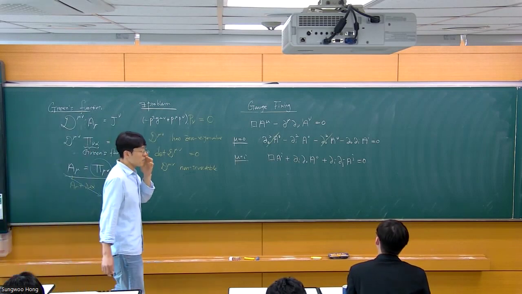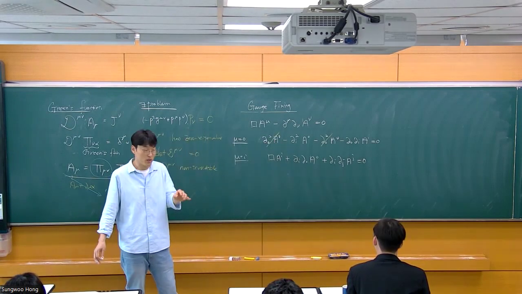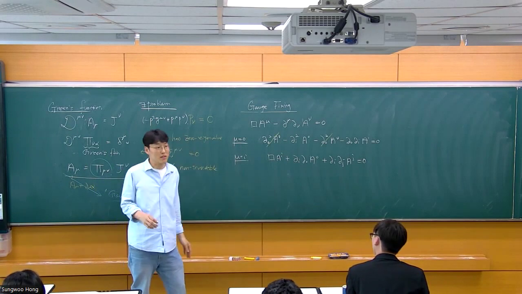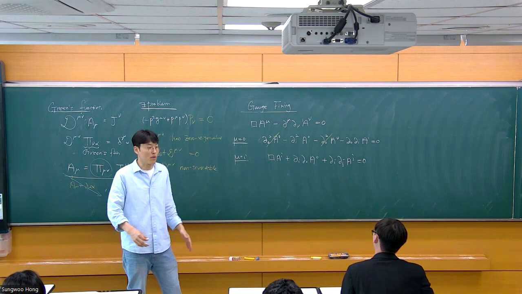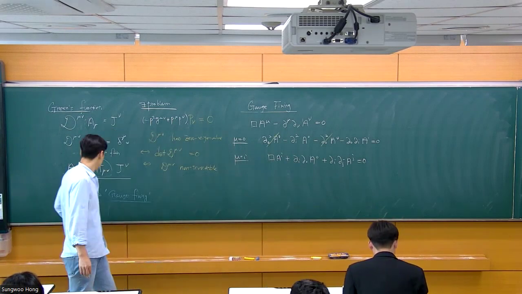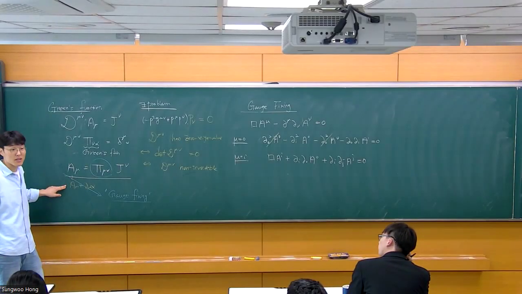Or in the language of the path integral, which we will introduce after this part of the discussion, hopefully in 2 weeks or something, when you sum over all possible field configurations, in the sense of actually integrating over all possible field configurations, the path integral of a gauge theory secretly has an infinite amount of integration because of this.